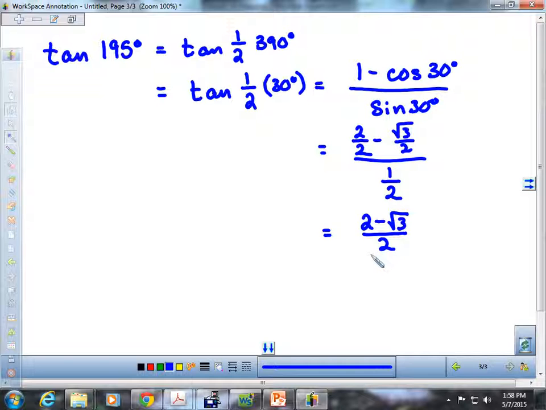We're not going to divide by a half. We're going to multiply it by the reciprocal, which will give us what? 2 minus radical 3. All right, let's see if that seems reasonable. Where's 195 degrees?